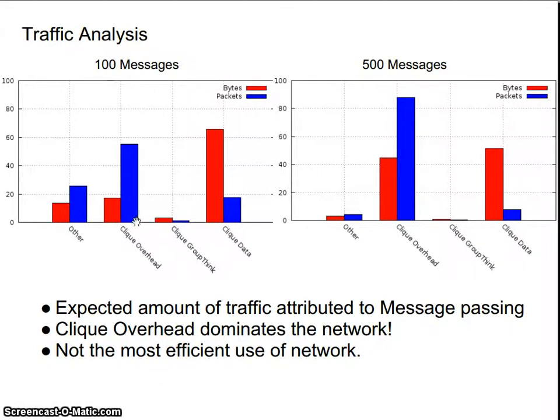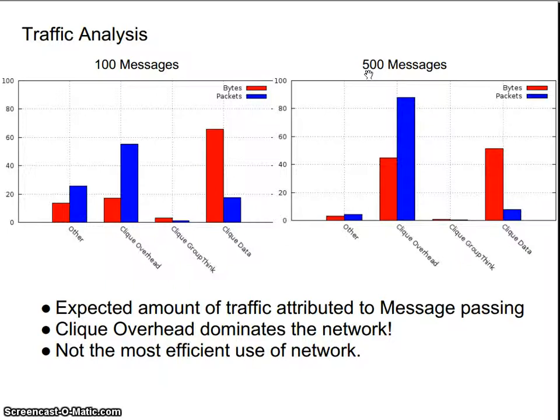However, you'll notice that almost the majority of the packets in this network are actually overhead packets from the Clique protocol. Clique is used by Telepathy Salut, and it just produces many small packets. It's not very well suited to this kind of application. So moving forward, we're going to try and replace Telepathy Salut with a more efficient protocol.